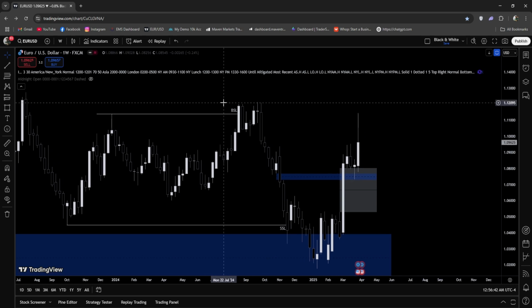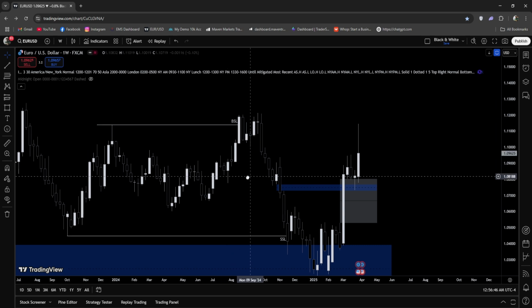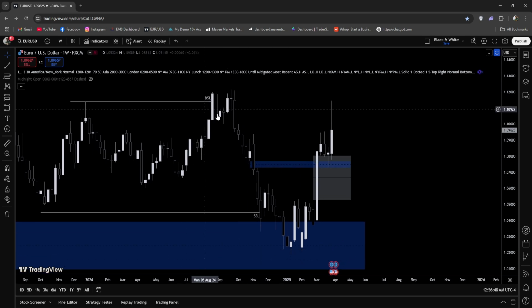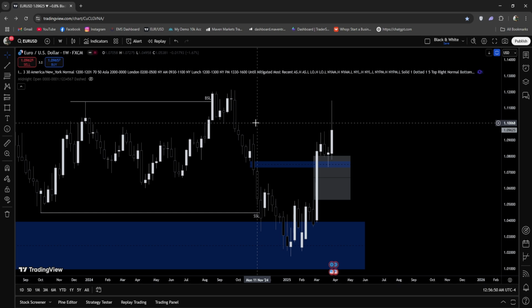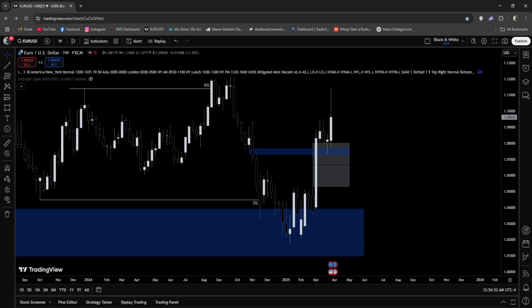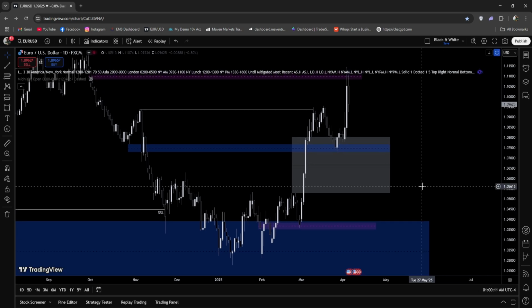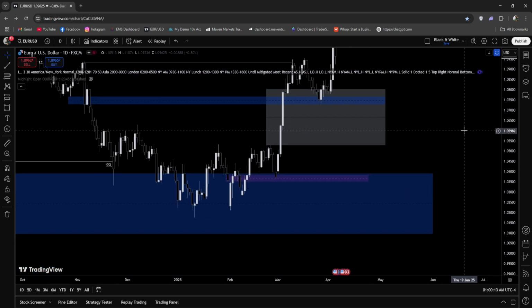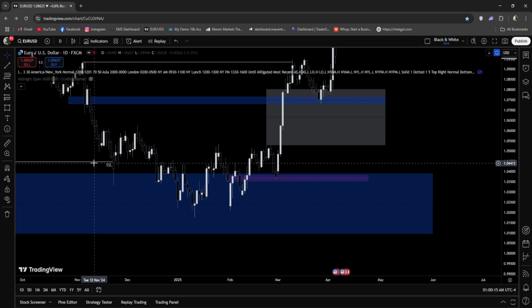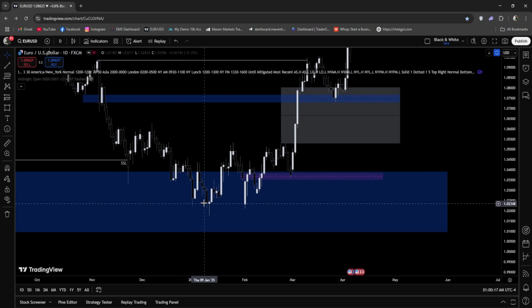So we are really aiming for this high, and I hope we get it sooner or later, and I'll show you guys on the daily chart now. This is how it looks on the daily time frame. We can see that we took the sell side over here, and we filled this fair value gap.